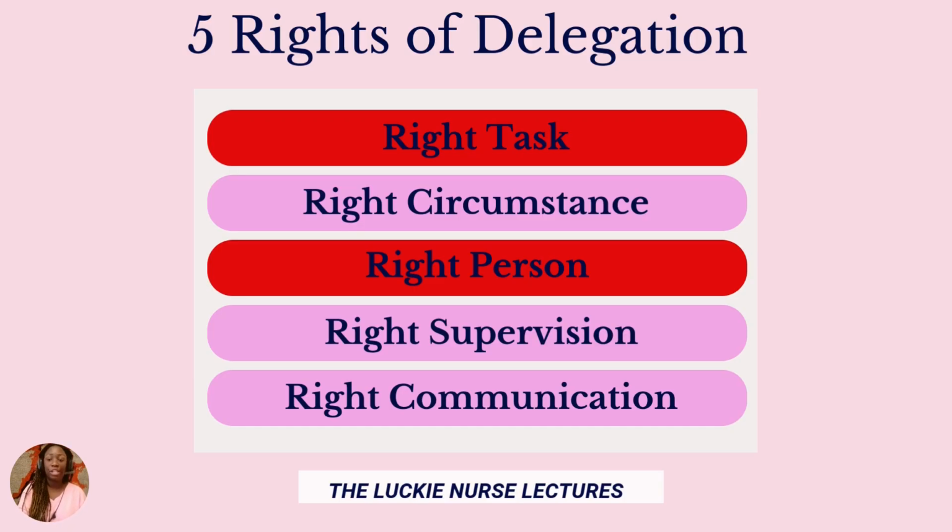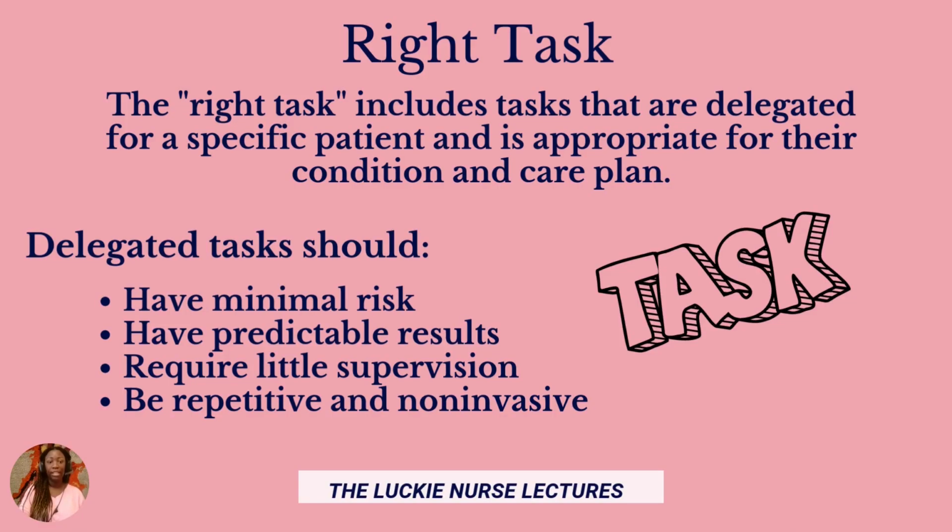And I'm going to break down each of these rights, but just keep in mind when you're taking your exams in nursing school and when you're preparing for the NCLEX, if you get a tricky question on delegation, always make sure that you pay close attention to the task being delegated and who your options for delegating that task to are going to be. So we're going to go ahead and we're going to break down each of these rights, starting with the right task.